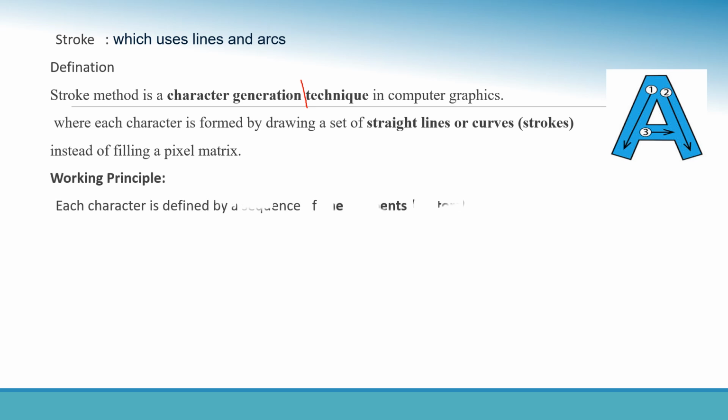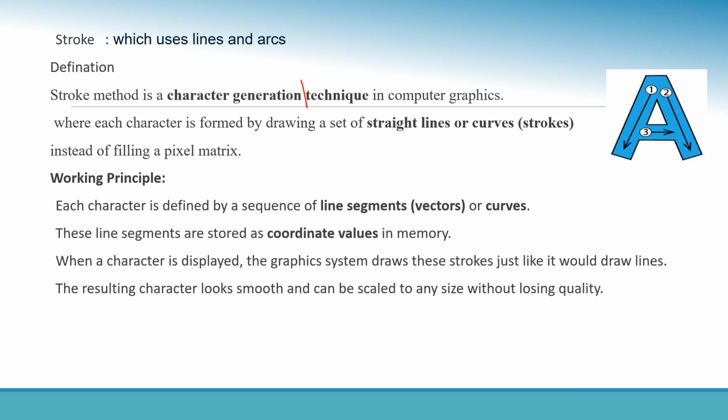The working principle is that each character is defined by a sequence of line segments, or vectors or curves. Using line segments and curves we can display the characters. These line segments are stored as coordinate values: the first line, that stroke, has x1 y1 coordinate values, and the second line has x2 y2 coordinates.